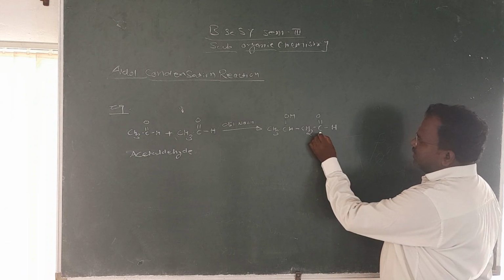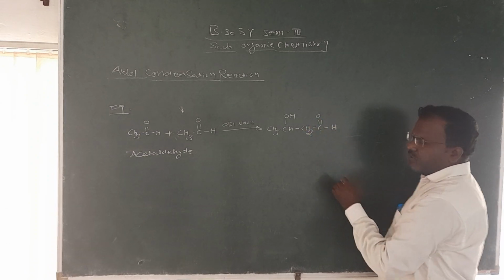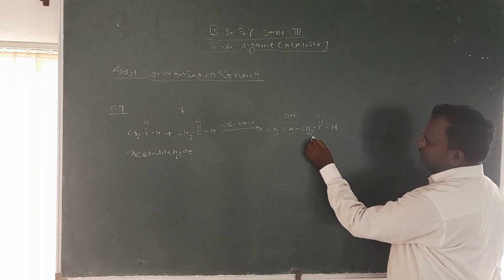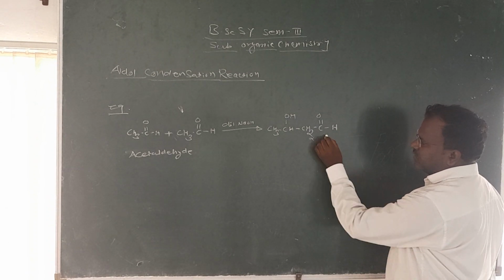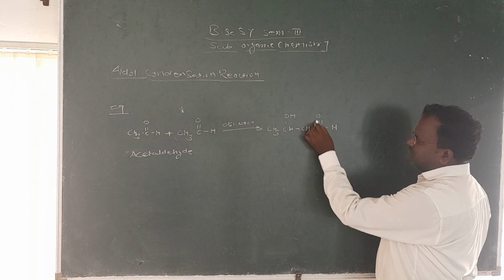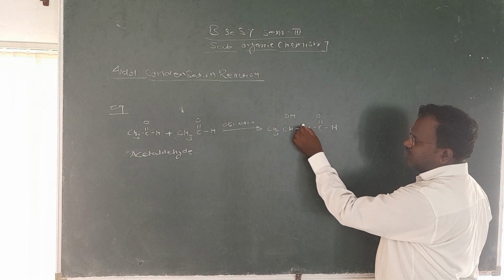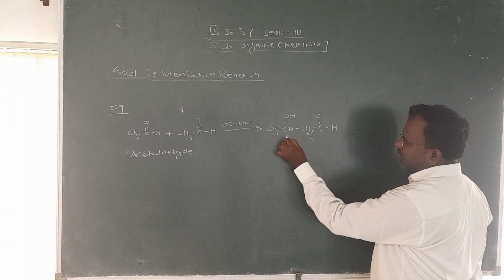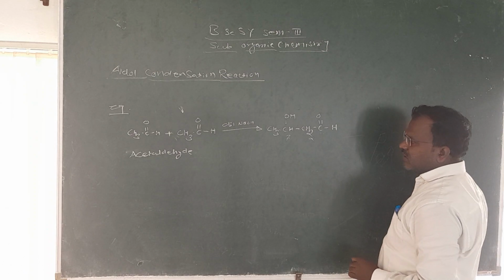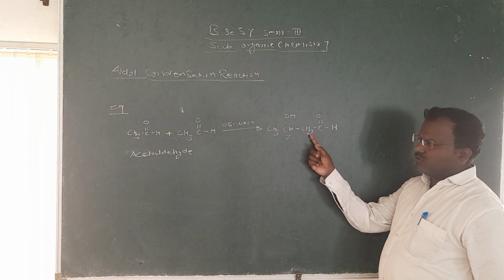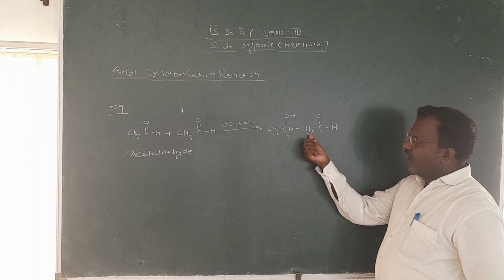This is the carbonyl carbon atom, and the carbon adjacent to the carbonyl carbon atom is the alpha carbon atom, and the hydrogen atoms on it are the alpha hydrogen atoms.